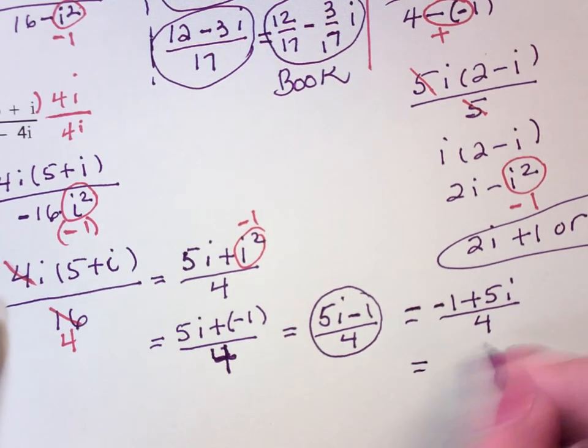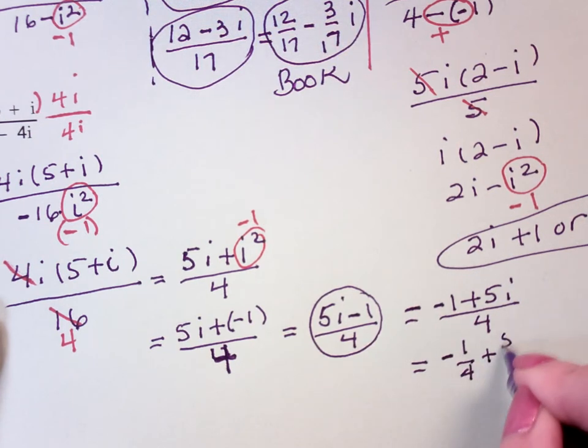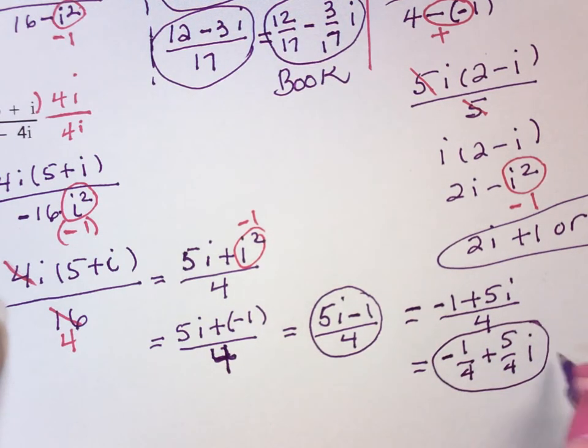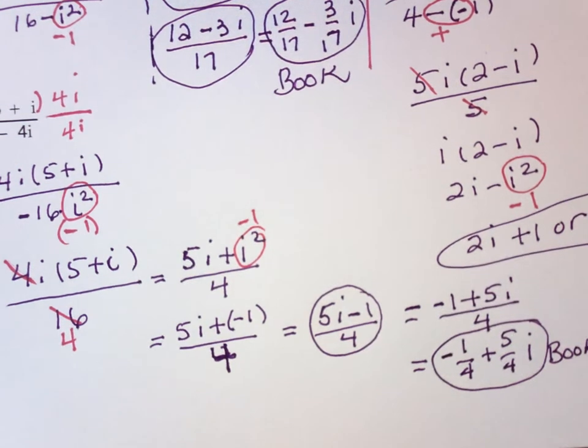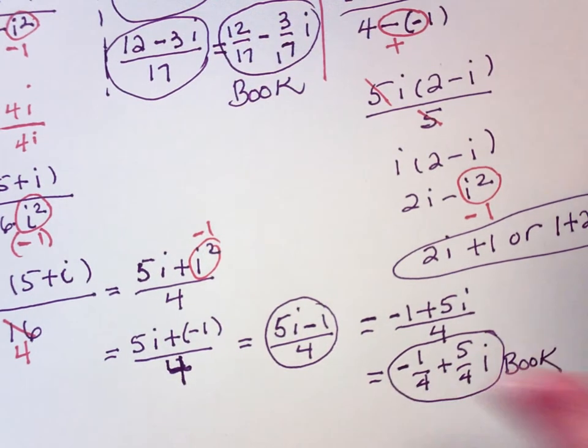They would take 4 and divide it into each of these pieces, so it would be minus 1/4 plus 5/4 i. That's your book. But the top one is saying the exact same thing.